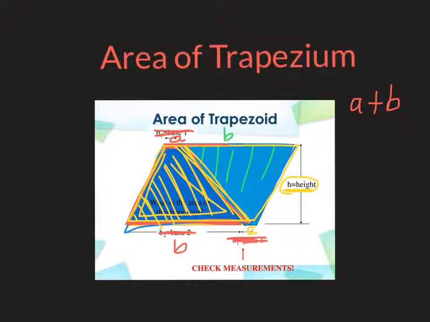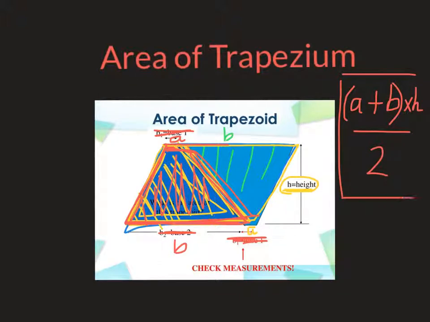So let's multiply that by the height. A plus B times by the height. We only want, though, the area of this first trapezium. We know because we doubled the area at the start, to get just this trapezium in here, we're going to need to halve it. So this right here is the formula to find the area of a trapezium.